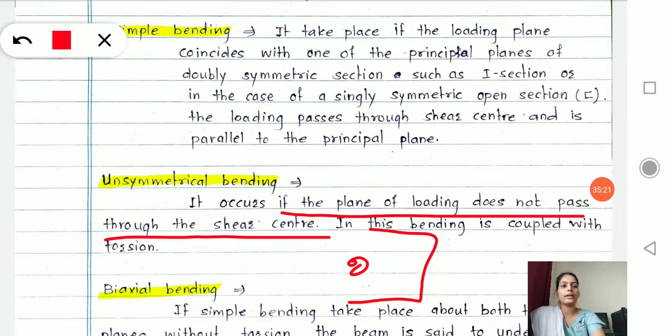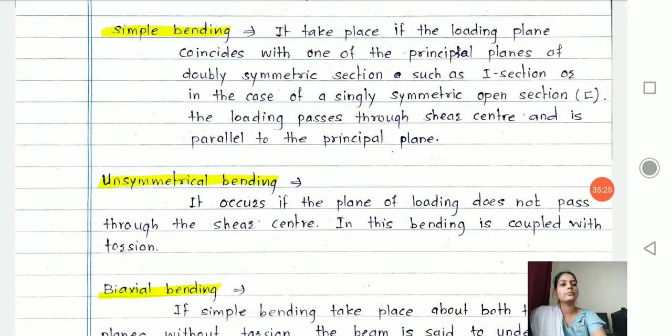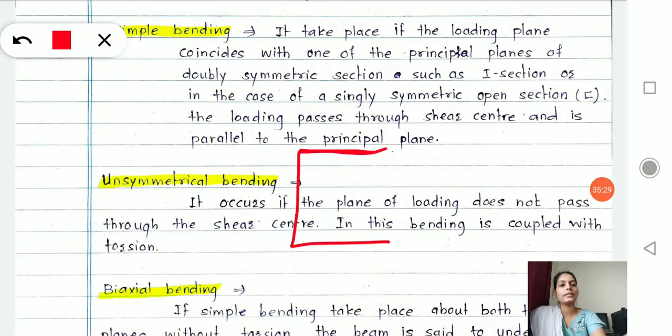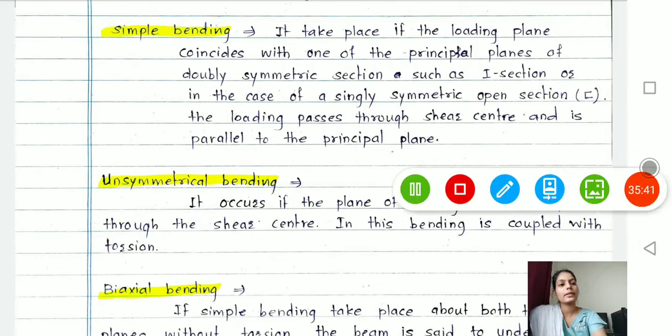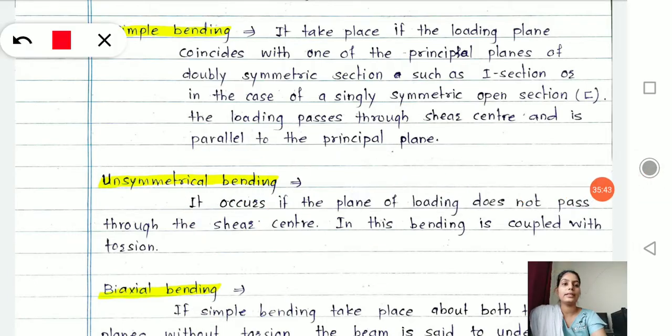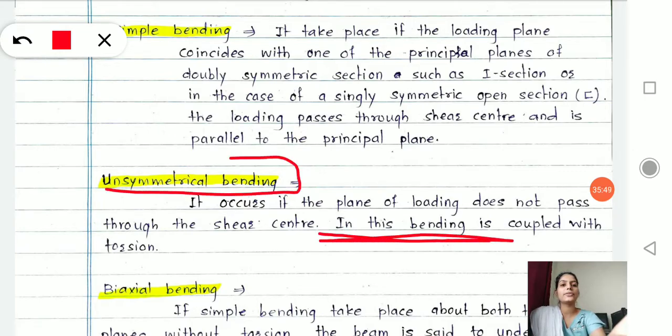If I assume it is here, this is a C section, and the shear center is actually on this side. If the load is not passing through this shear center, then that member will be subject to bending which is unsymmetrical.